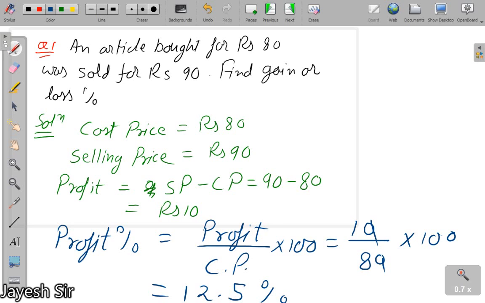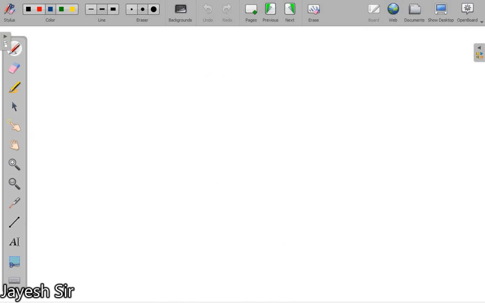The profit he makes is 12.5%. So that is option D. This was the basic question. Now we will move on to some more advanced questions.